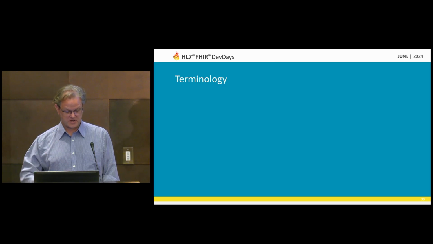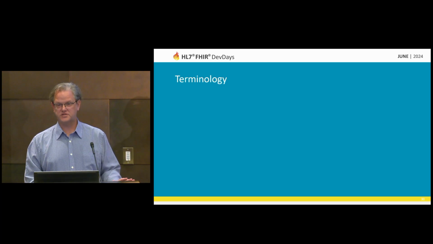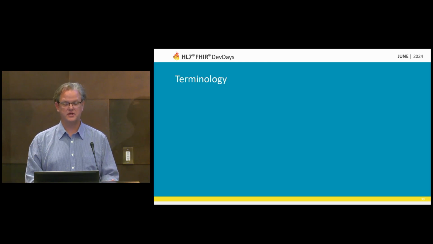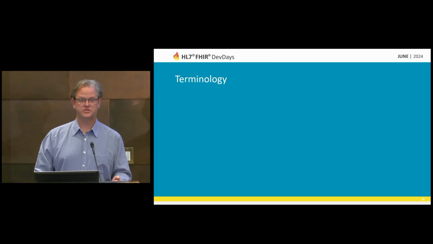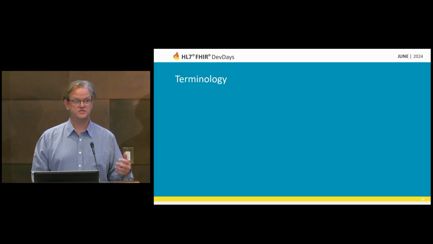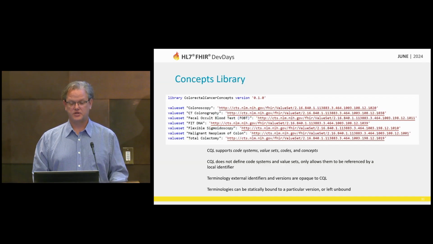So now we're going to talk a little bit about terminology. Terminology is ubiquitous in healthcare. FHIR has really good support for sharing terminology, doing expansion, supporting all different ways of communicating what the actual set of values are, and that terminology is the underpinning of semantic interoperability. If we have a code on both sides of an exchange, we have to know that we mean the same thing, and terminologies are where we get that.